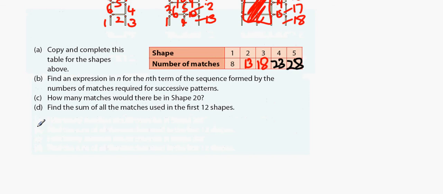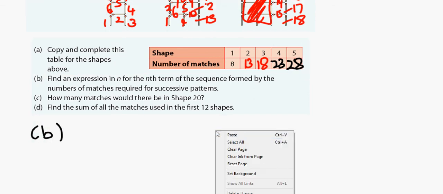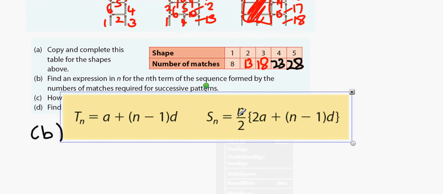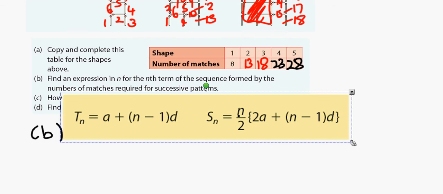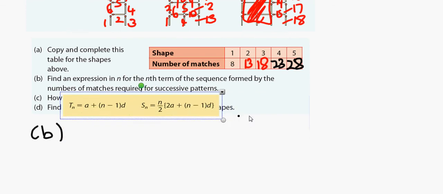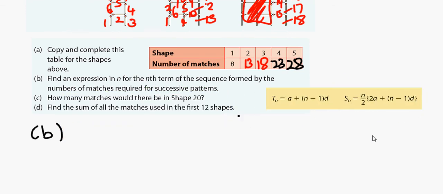Find the expression for the nth term of the sequence formed by the number of matches required in successive pattern. We know it's an arithmetic series because the gap is always the same. So what we do here is we're going to find out what Tn is. We know that a equals 8 because it's the first term, and we know that the difference is 5.